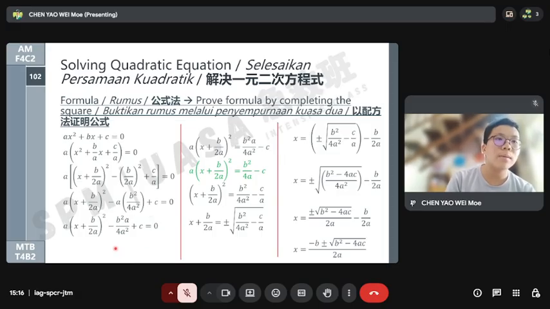What will you do now? Because our formula is like this, right? So you make the x stay on the left hand side, make the other values go beside, and then from this step I can eliminate the a, right? So I will do like this.